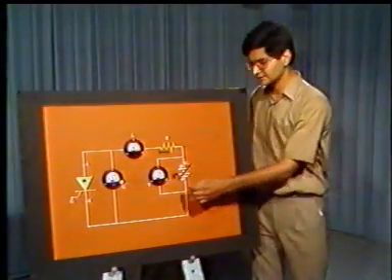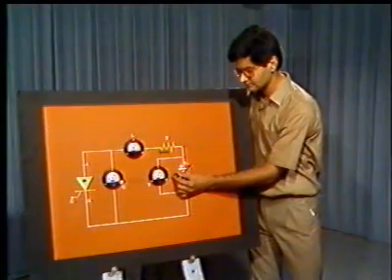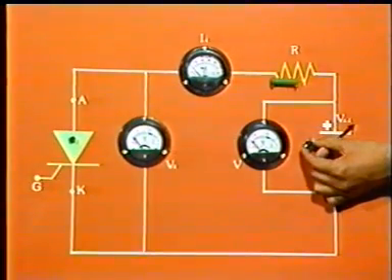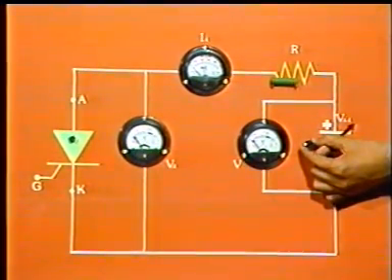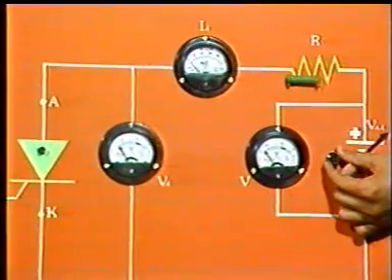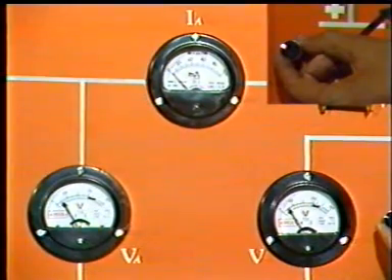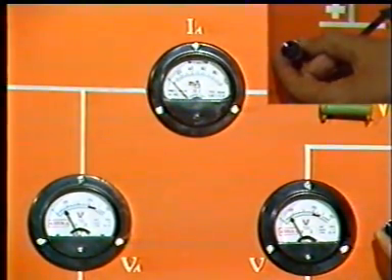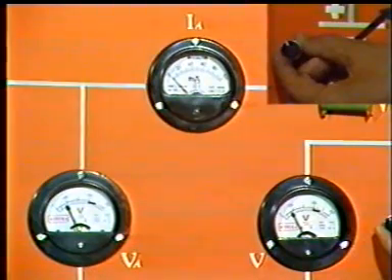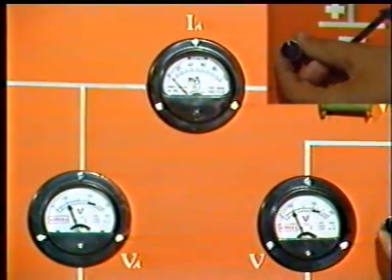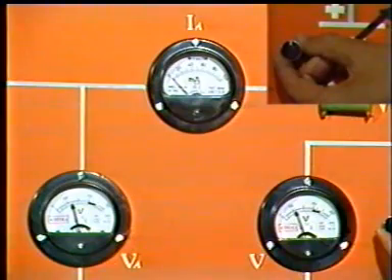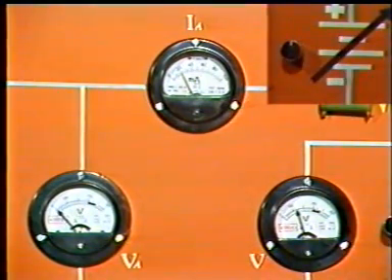Let us now further increase the voltage and see what happens. I further increase the supply voltage. Current being just a few microamps, you can't see a deflection. Oh, what has happened? The current through the device has increased and the voltage across it has fallen.